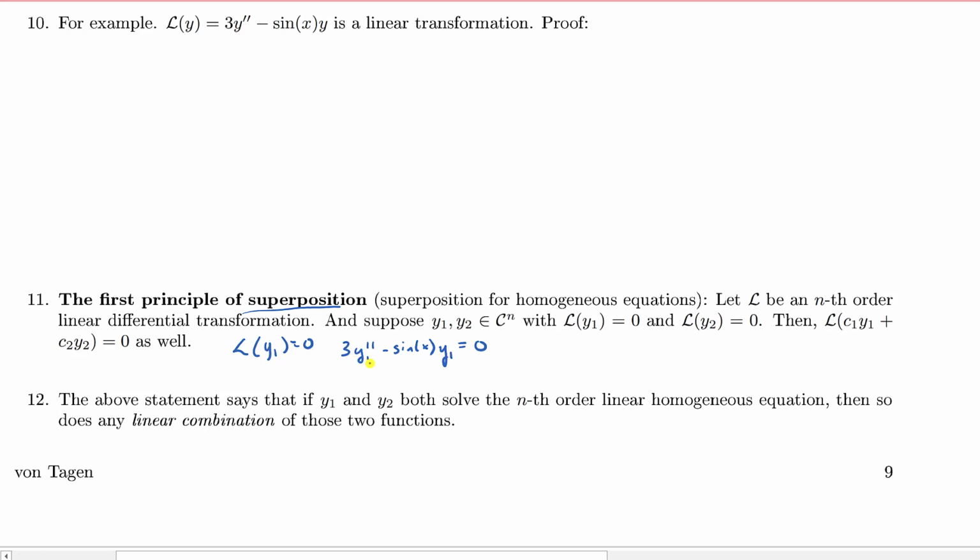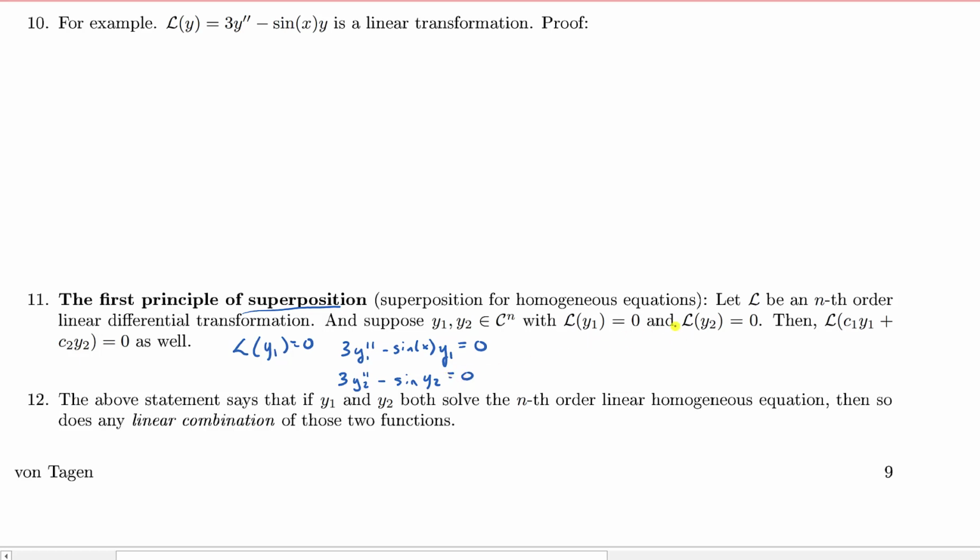So if I take y1's second derivative, multiply it by 3, and subtract from that the sine of x times y1, it outputs a 0. Same thing if I do it to y2: 3 y2 double prime minus the sine of x times y2, that's going to output a 0.